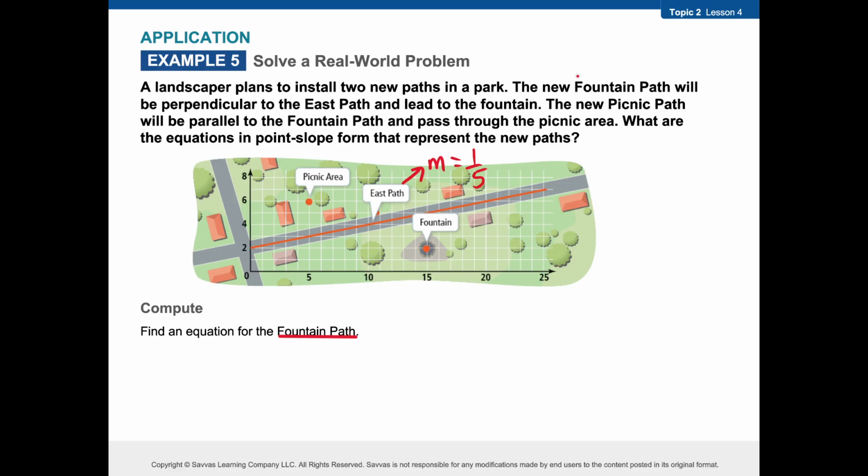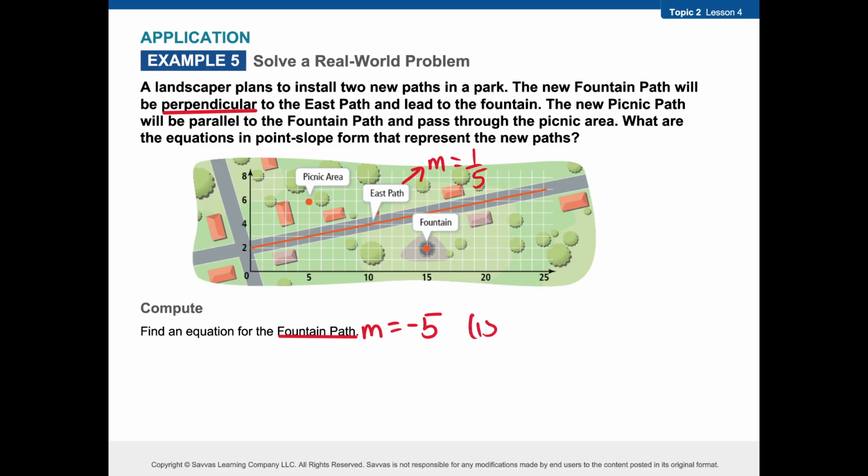So now find the equation for the fountain path. The new fountain path will be perpendicular to the east path. So the fountain now has the negative reciprocal. The slope of the fountain would be -5, opposite sign and reciprocal.